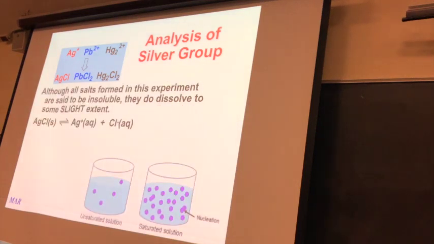Now, if we rewrite this again as an equilibrium, in this section we're almost always going to have the solid as the reactant and the ions that go into it as the products. So in this case, it would be silver chloride solid as the reactant, and silver ions and chloride ions as the products.